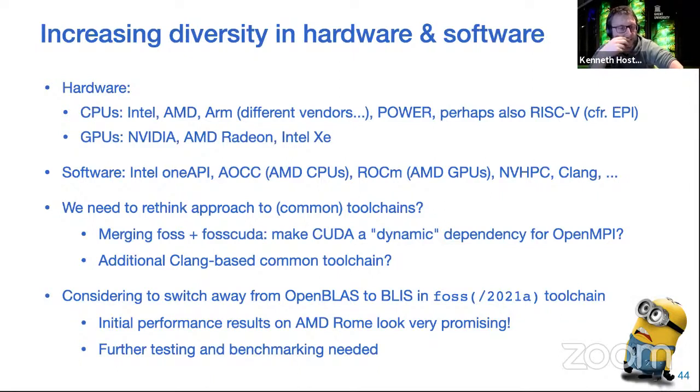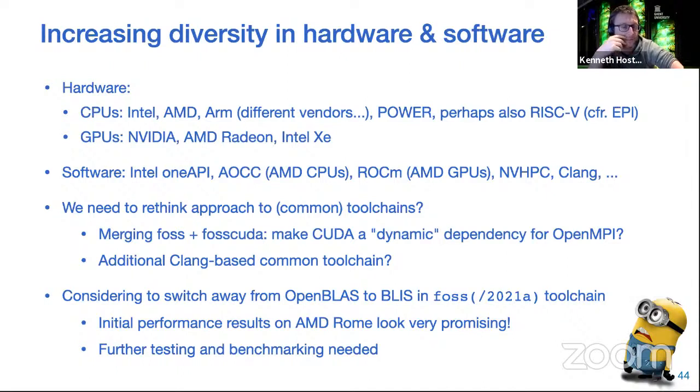And then related to the diversity, at least in CPUs, certainly Intel and AMD, we've seen some reports from Jülich mainly recently that they have seen very good results with the BLIS BLAS library, which is also, there's a presentation on the BLIS library by the lead developer on Wednesday, I think, so later this week, we'll learn a lot more about BLIS.